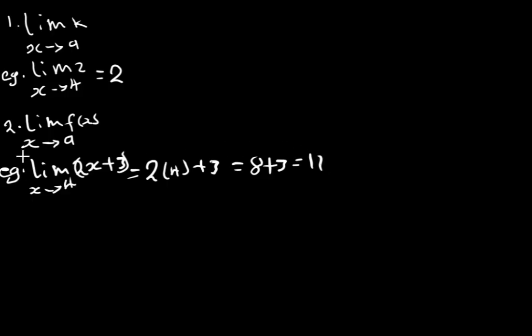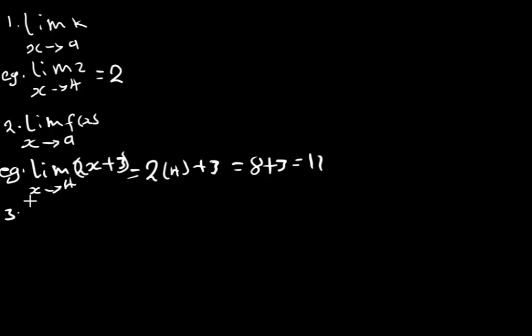So these are the first two standard formulas. Let's consider the third one. The third one also talks about the limit of a function, just that this one is going to be a quadratic function. Not only quadratic, we can have a function with the highest power of x being 3, 4, or 5.